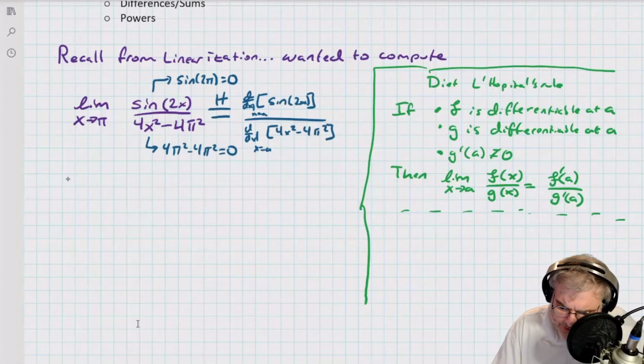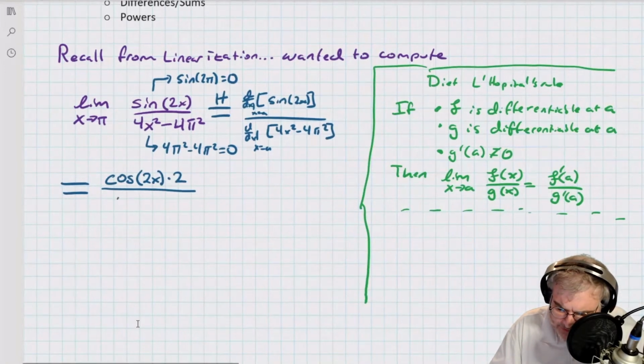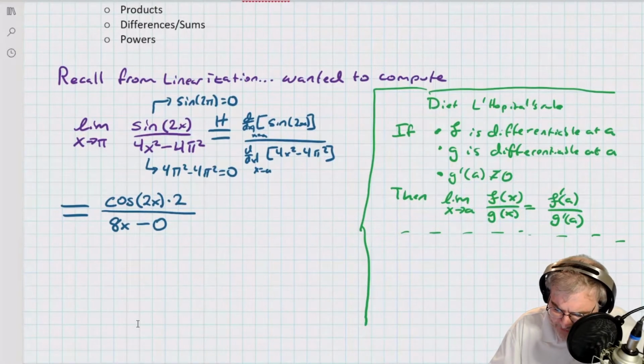And then I'd wind up here with the derivative of the top, which was cosine of 2x times 2. I'm skipping steps here on the chain rule because you can go back and watch all the steps on that video and in those notes if you desire. And this one here was 8x minus 0 on the bottom. And remember, I want to evaluate both of these at x equals pi.